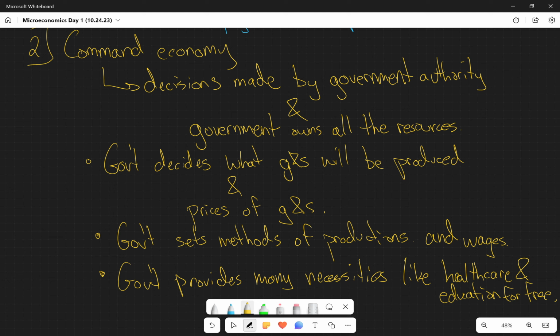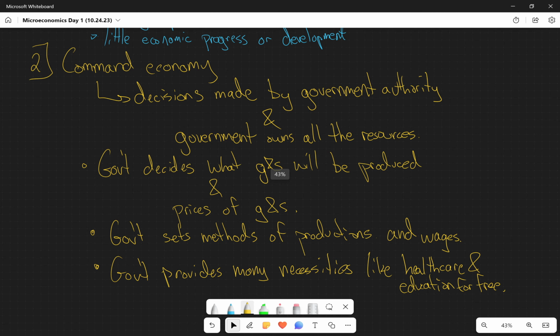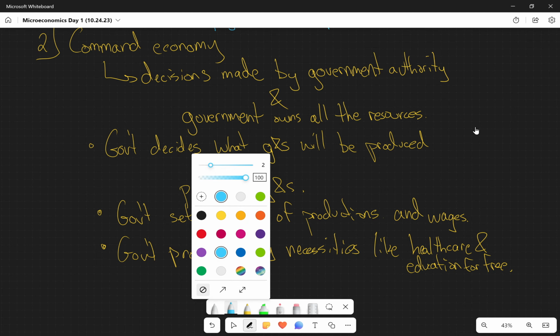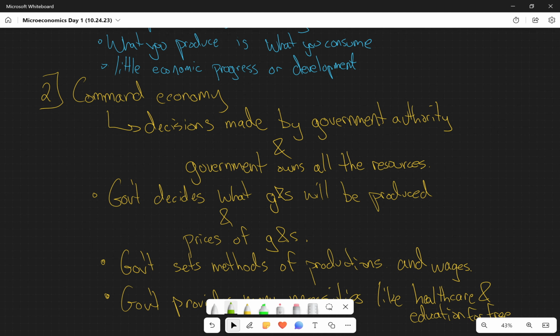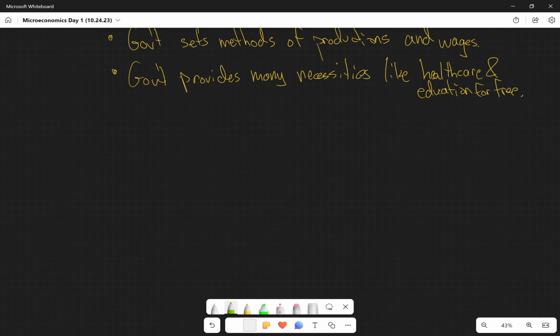So, you know, we like to think of ourselves as totally free here in the United States, but there are some elements of our economic organization that are more similar to command economy tenets than the next kind of tenets, which are the market economy. So all modern economies are a mixture of this command economy and the next type of economy. The next type of economy is called a market economy.